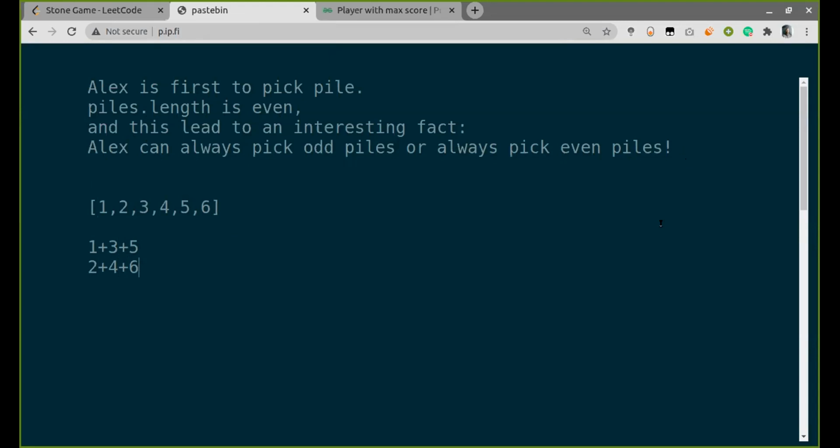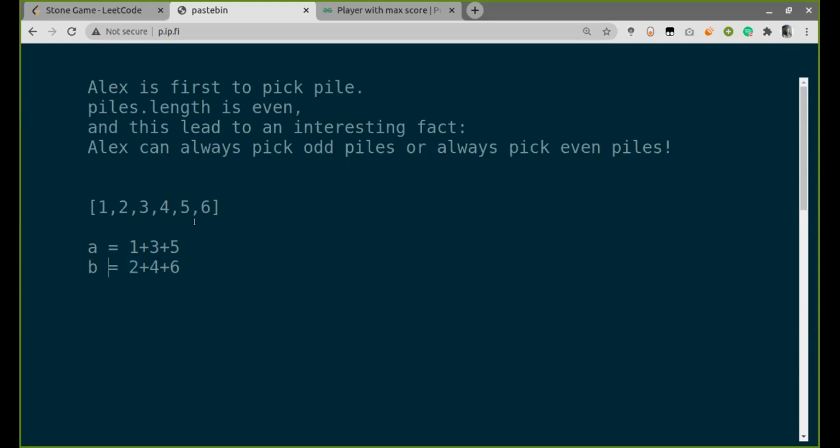Now, since it is mentioned that the sum of the array is always odd, either one of these will be greater than the other.